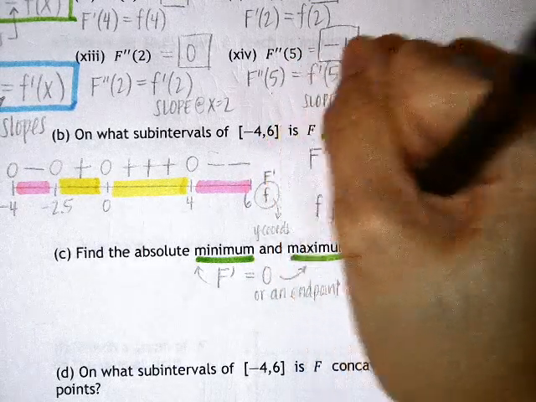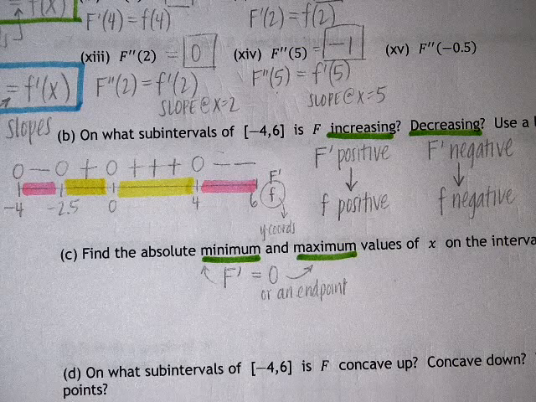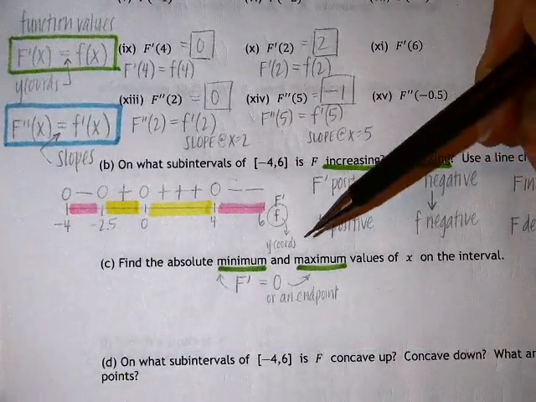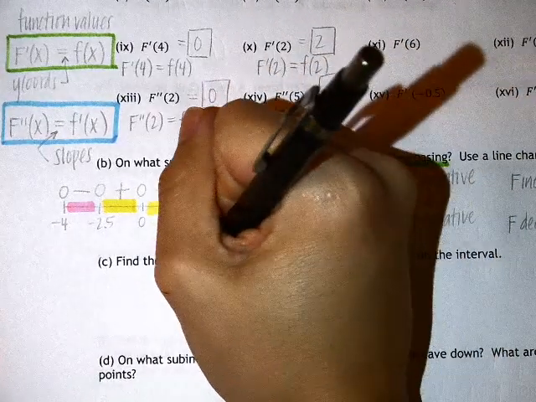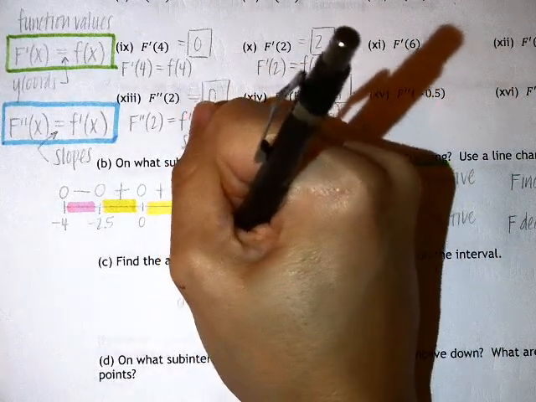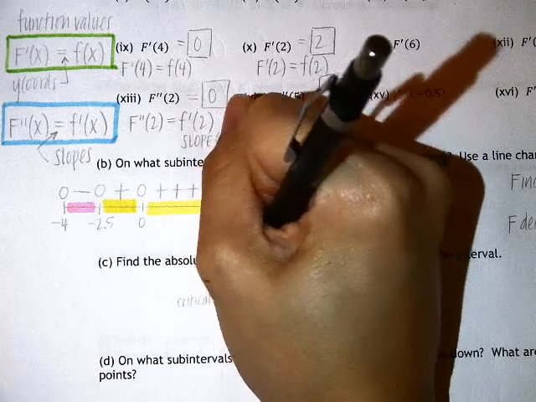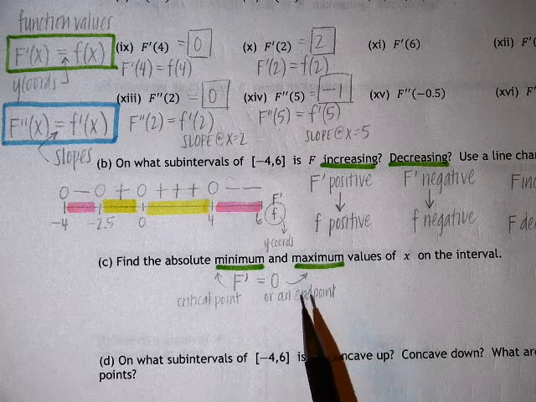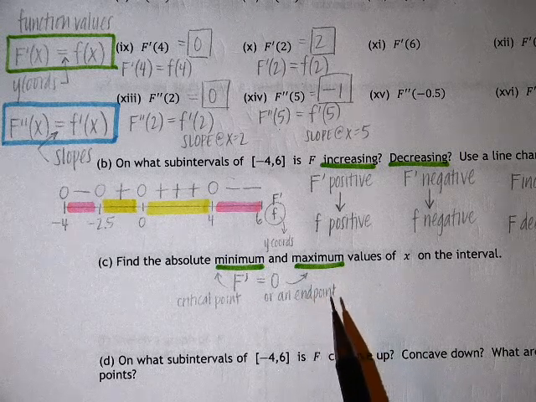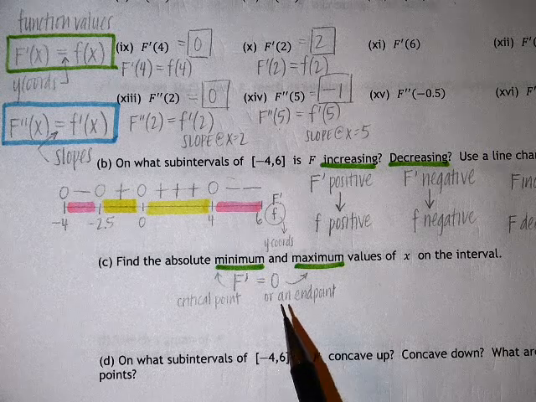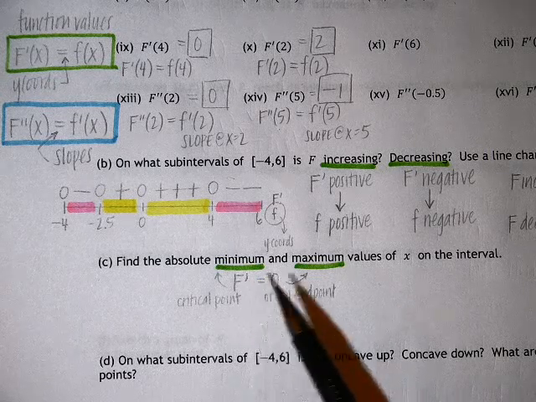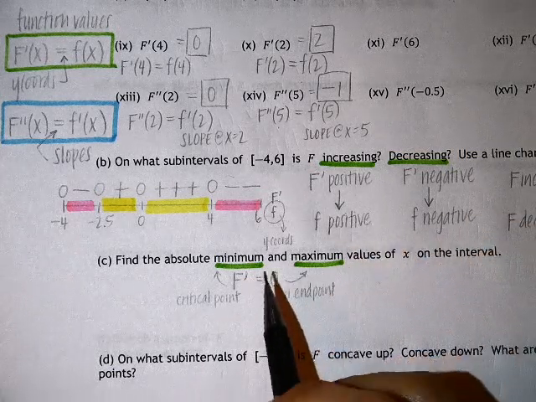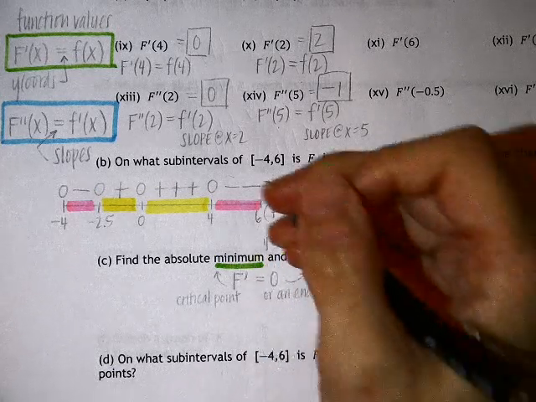Now, if you're not sure what that statement means, I'll just remind you what exactly an absolute minimum or maximum is. An absolute minimum or maximum is a critical point or an endpoint. And I'll just flesh this out just in case you need some actual notes. Because the idea with a minimum or a maximum is that it can only occur in a couple of different places. A minimum or a maximum can only occur at a critical point, and a critical point occurs when big F prime is equal to 0, or undefined, although we don't necessarily look at those too much.